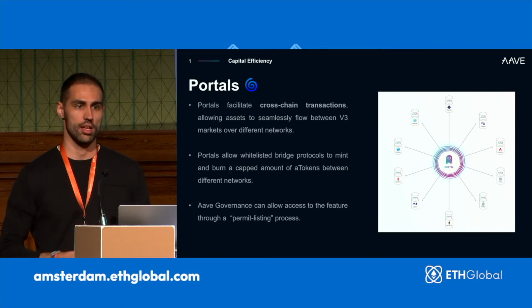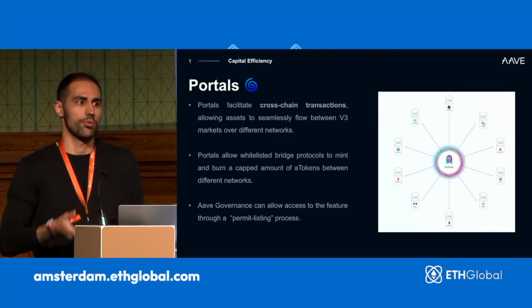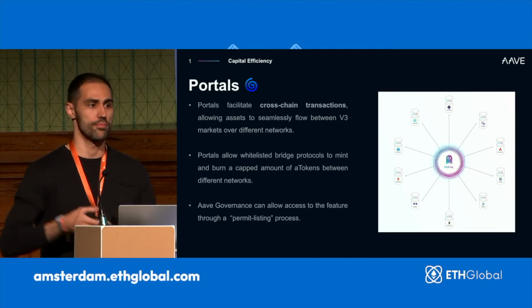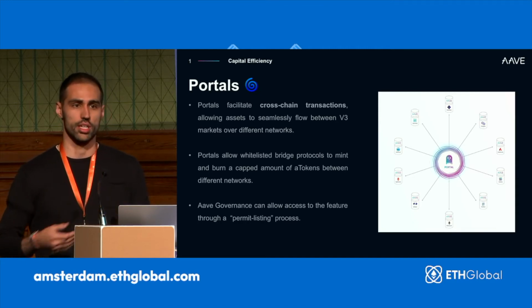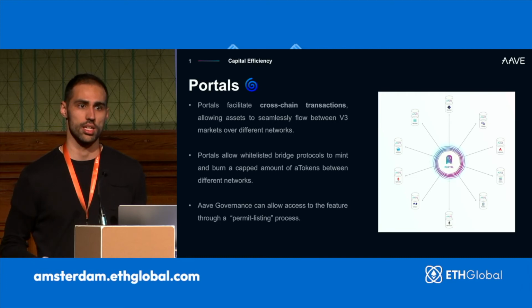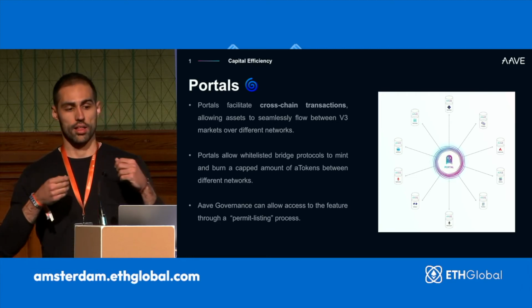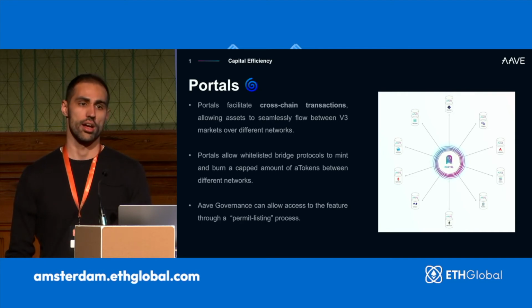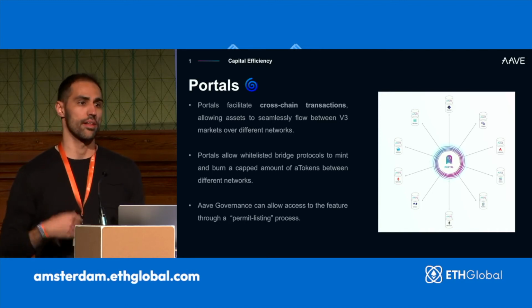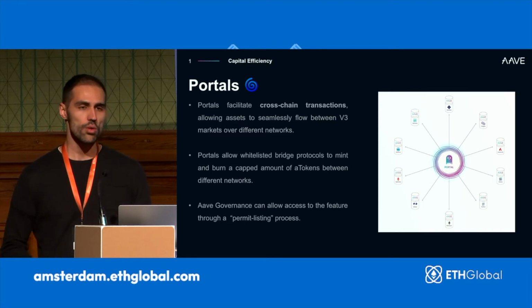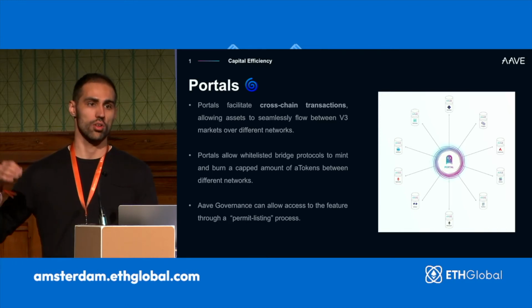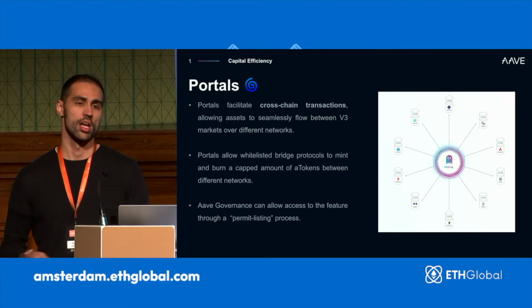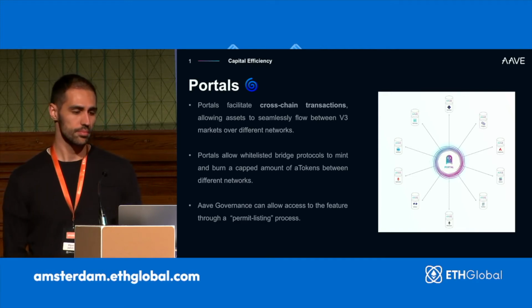Once the underlying assets, the real liquidity, have been moved through the bridge, which could be the canonical bridge of the chain or whatever bridge in the ecosystem, they can back those freshly minted A tokens with the underlying. So at the end, the destination network will have all the A tokens with the corresponding underlying assets.